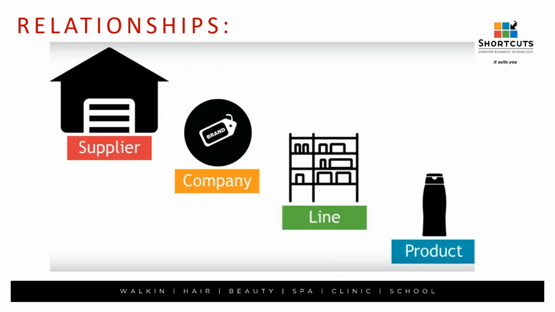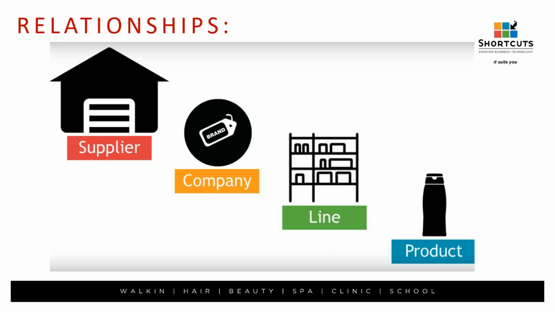So let's talk about the relationships, the order of operations that Shortcuts keeps track of everything. Before you add any product, even if you only carry certain shampoos or certain lines from a certain company, you always want to tell Shortcuts, this is my supplier. Do you order directly from the manufacturer, or do you go through one of the big suppliers? Once you have that, you start building the relationship.